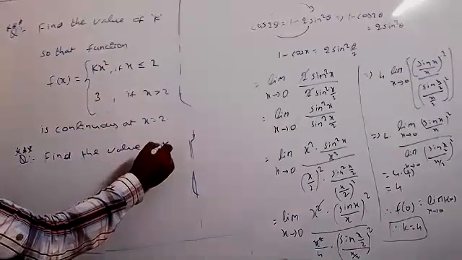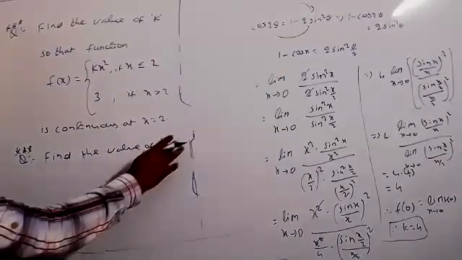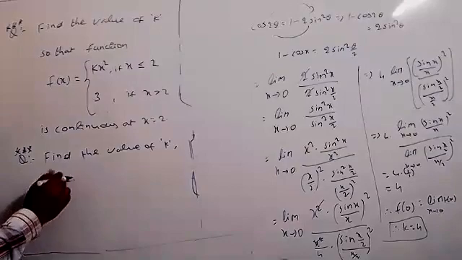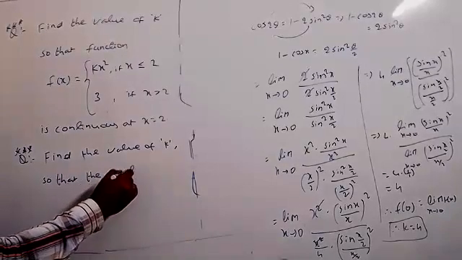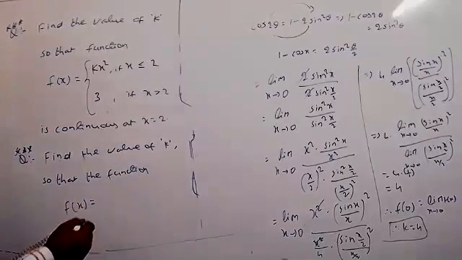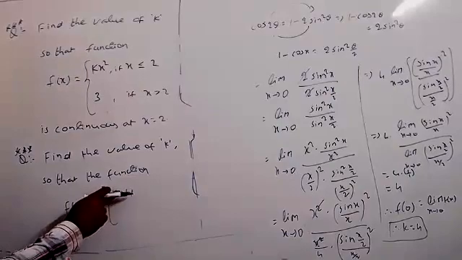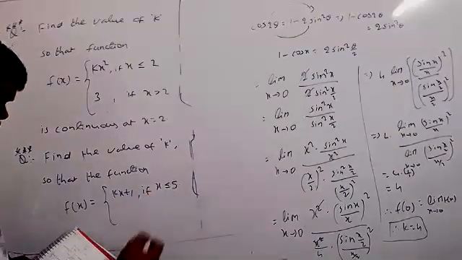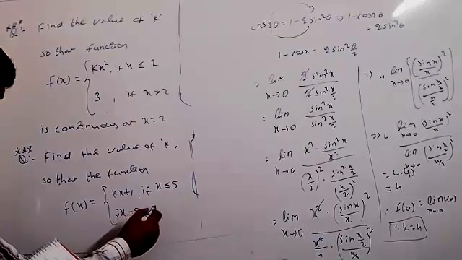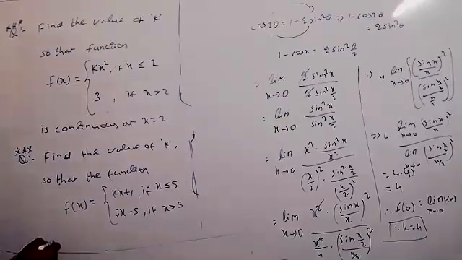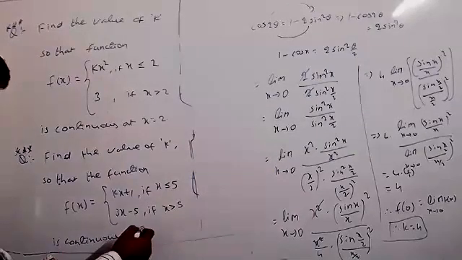Find the value of k so that the function f of x equal to kx plus 1, if x less than or equal to 5, and 3x minus 5, if x greater than 5, is continuous at x equal to 5.